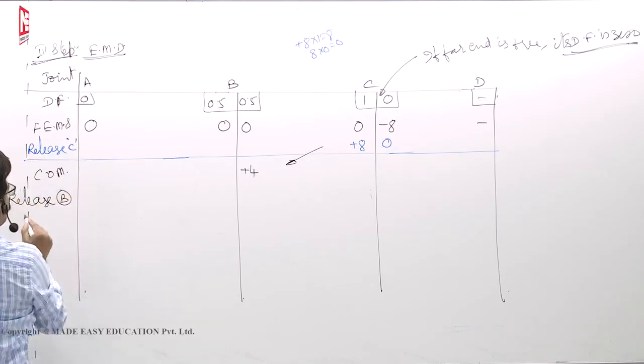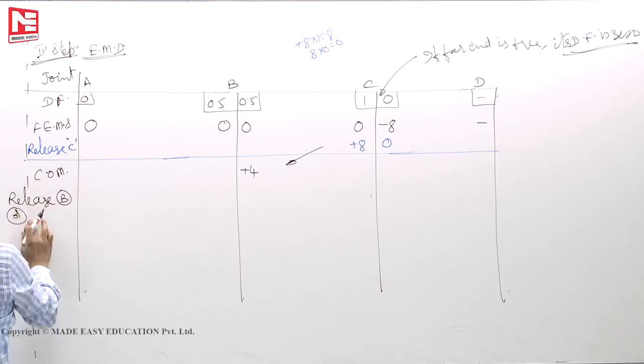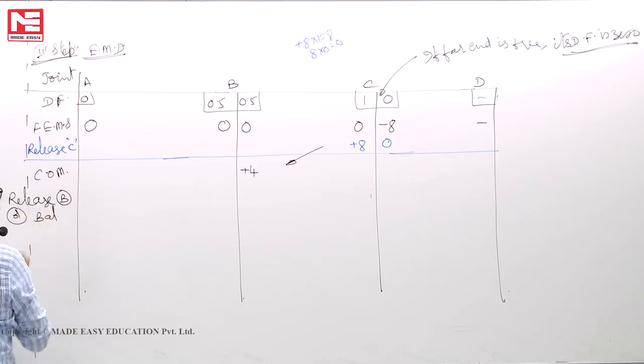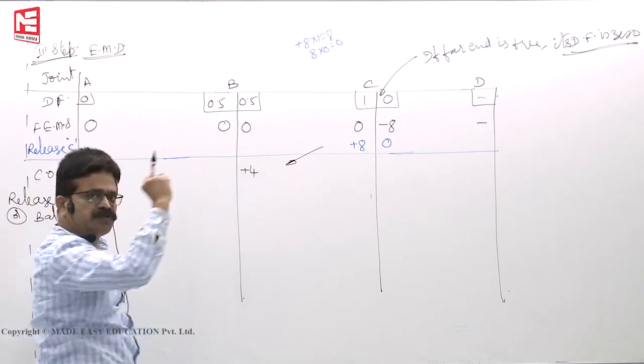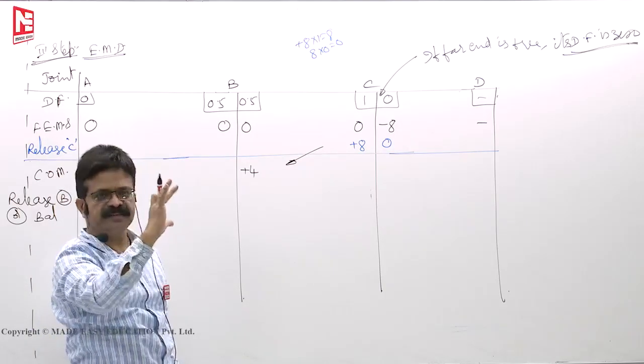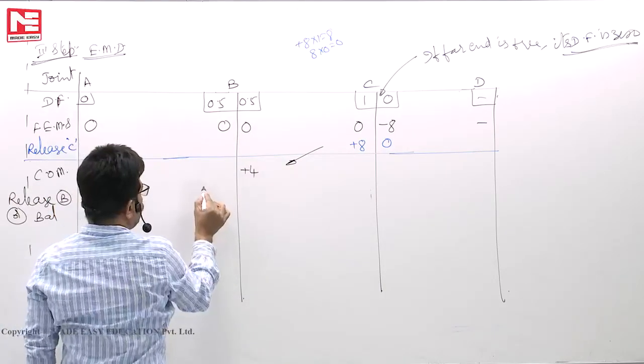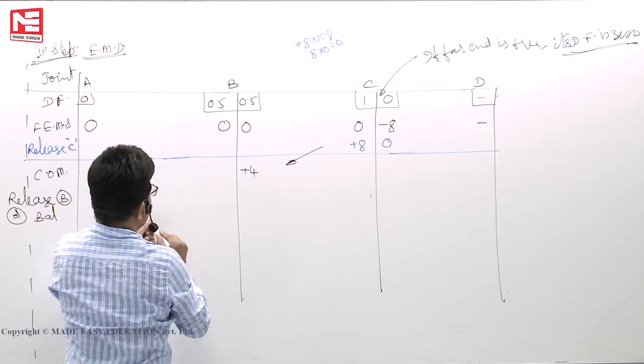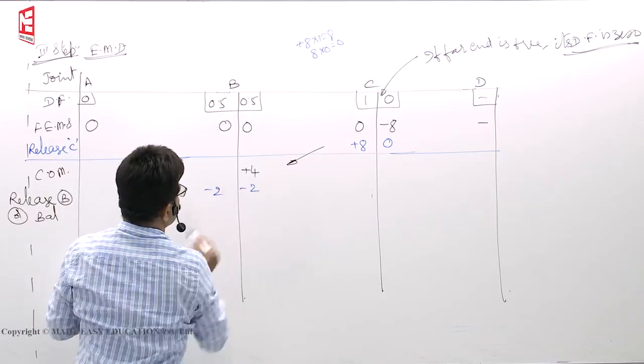Release B or balance, whatever way you want to use that balance. Plus 4 is to fix it, assuming that the joint B is locked, plus 4 is required, so unlock it. So minus 4 when you apply, you will get minus 2, minus 2, minus 2.